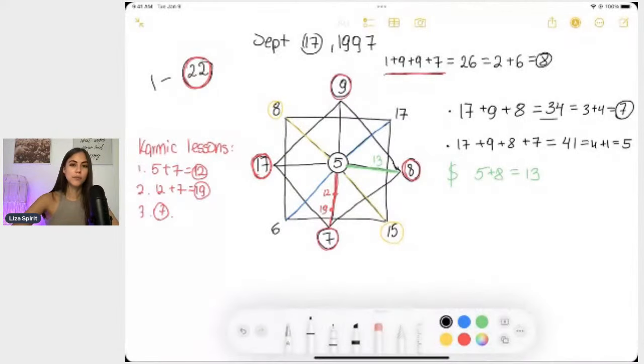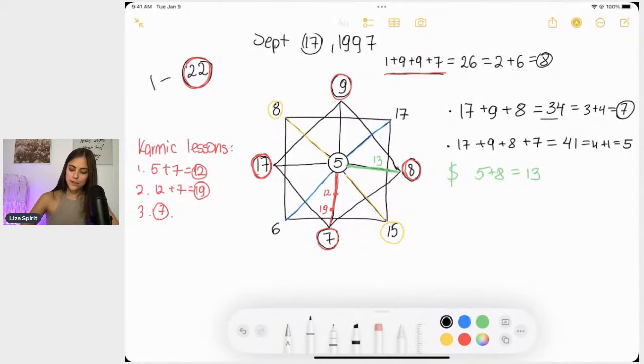What these numbers also show us, for example, if we talk about number 8, these 3 numbers. The first one is about you, the 17, right? How other people see you from outside. That's your energy.